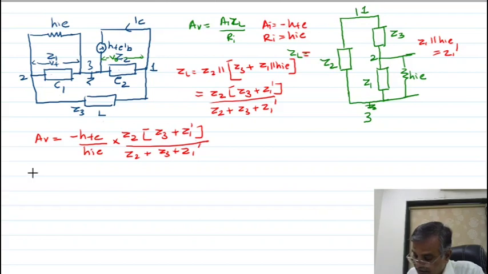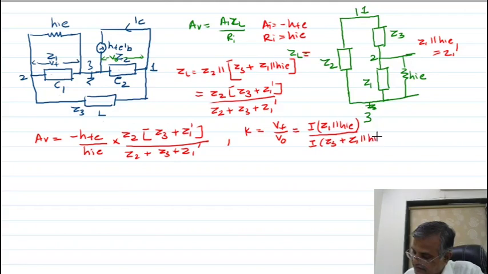Now let us find the value of K. Feedback factor K is nothing but the feedback voltage upon the output voltage. So current into Z1 parallel hie upon current into Z3 plus Z1 parallel hie. Look here, this is the output voltage across this, meaning current multiplied by this reactance.